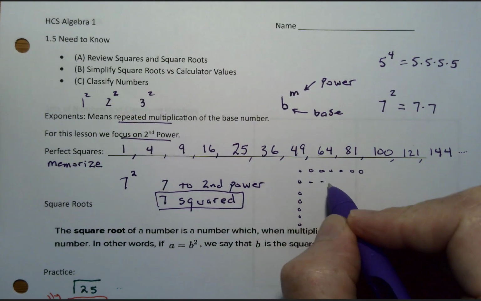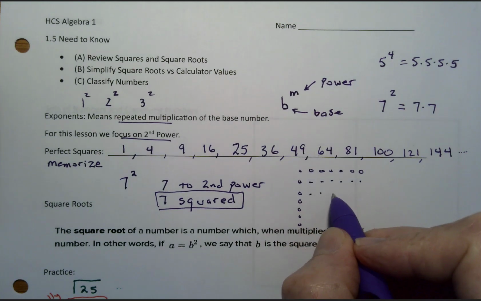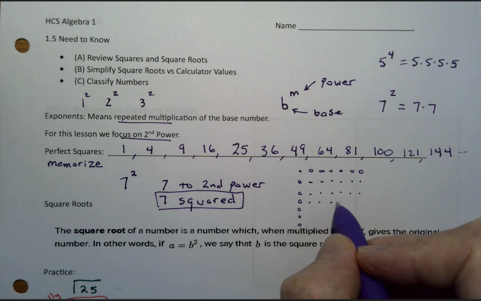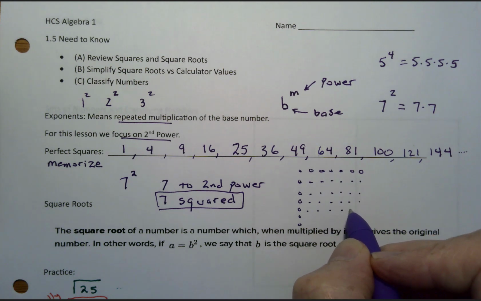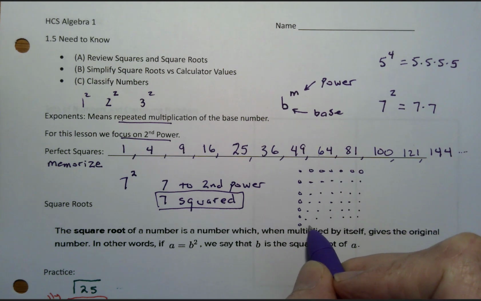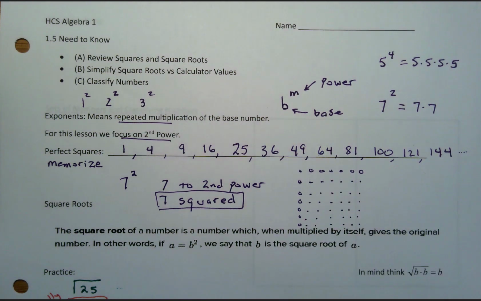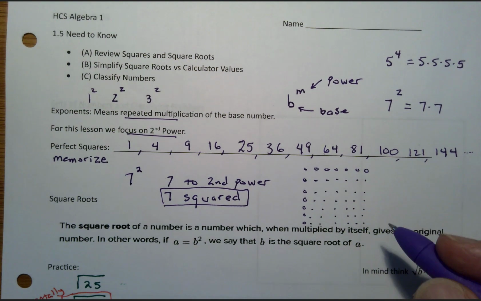And if I make all these dots, 7 rows of 7, so I got 7 rows of 7 dots. It makes a square.